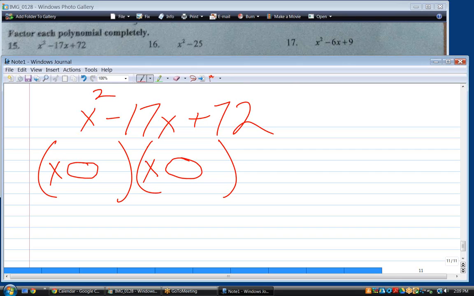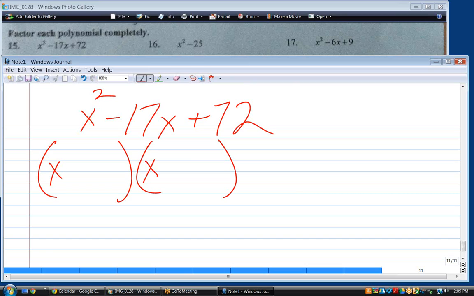How do I figure out what those signs are going to be? Well, the way we learned it, which two numbers would, when added up, equal negative 17, but times to get plus 72. All right. I don't have any problem with that, but it kind of omits step number 2.